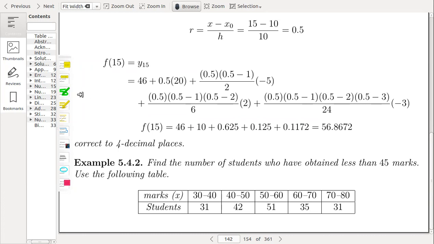So how can we calculate this? Find the number of students who have obtained less than 45 marks.